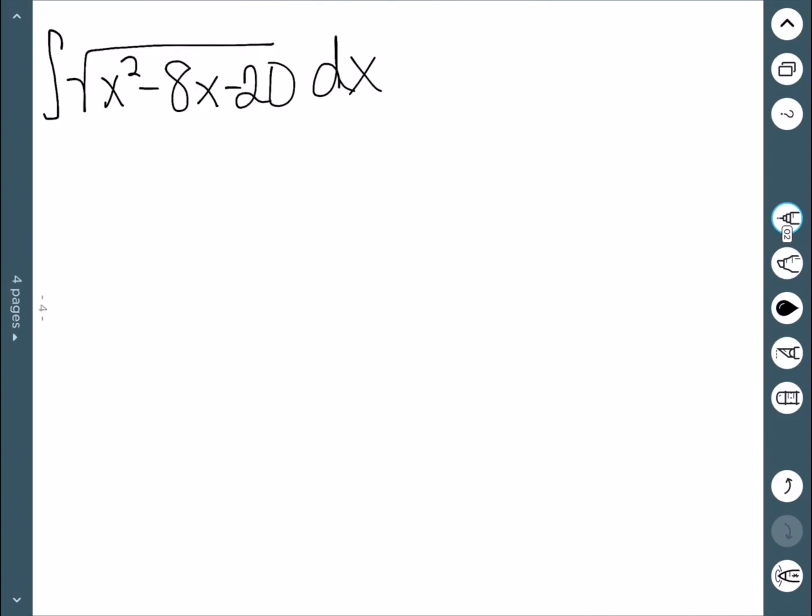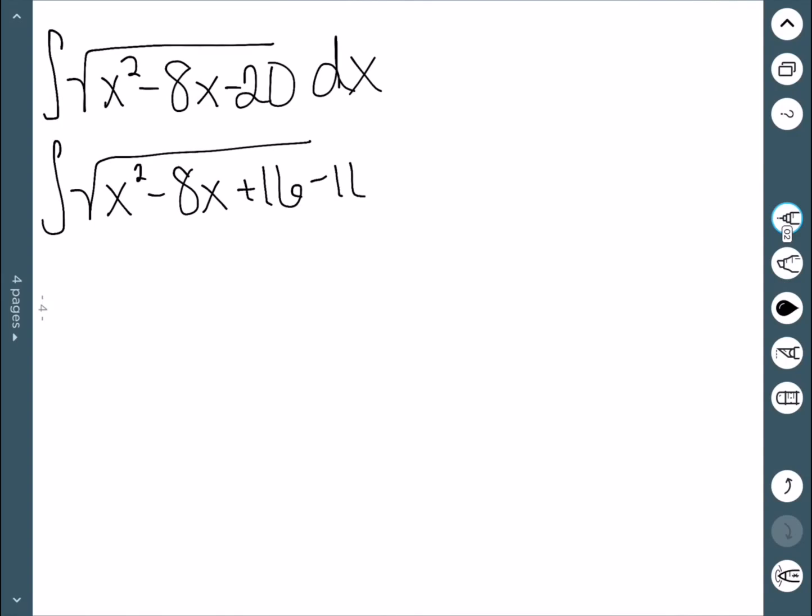Our next example really doesn't look like a secant substitution. It looks like a completing the square problem. So let's complete the square. In this case, we would divide -8 by 2 to get -4. Squared is 16. So I both add and subtract 16 from my square root.